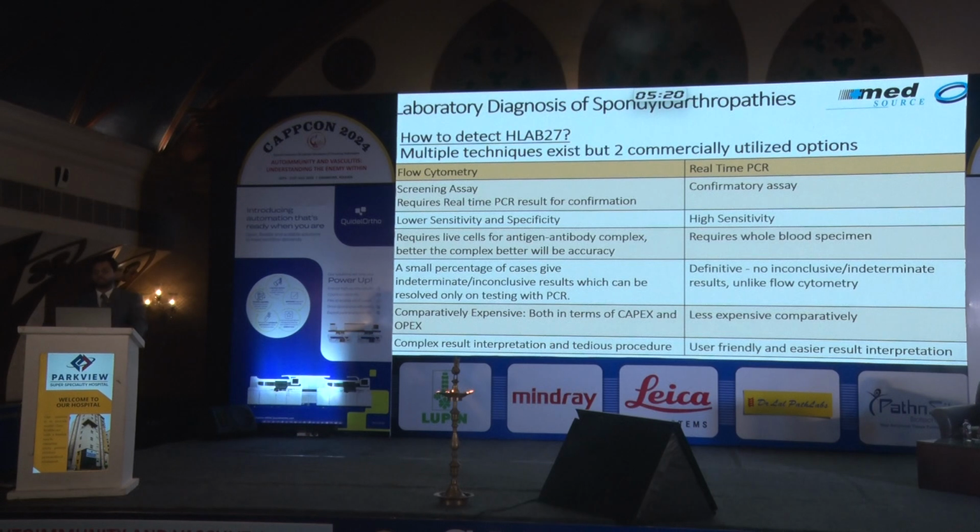Now for detection of HLA-B27 mutations, there are several techniques available, but mostly we discuss flow cytometry and real-time PCR. If we compare both technologies, real-time PCR is a step ahead because a very crucial aspect is that we may end up getting certain indeterminate results in flow cytometry, besides other clinical and commercial aspects.